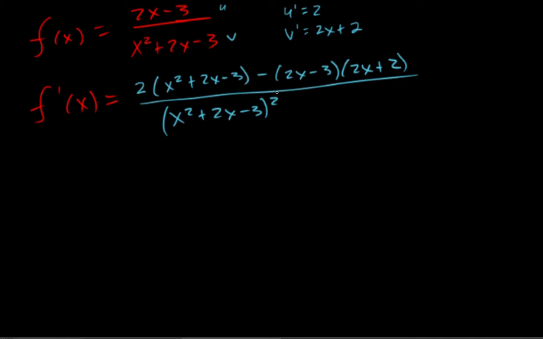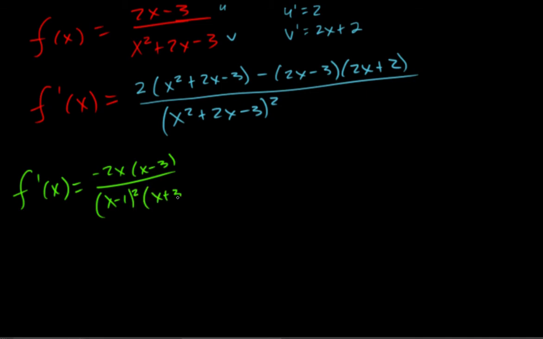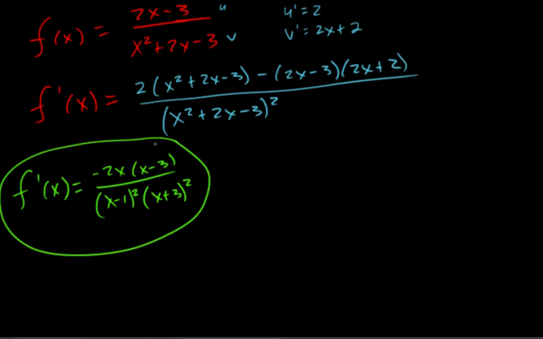Now, they give us the derivative, and we're trying to prove that it's that. So this green one is what we're shooting for. The blue one is what we're using to show that.